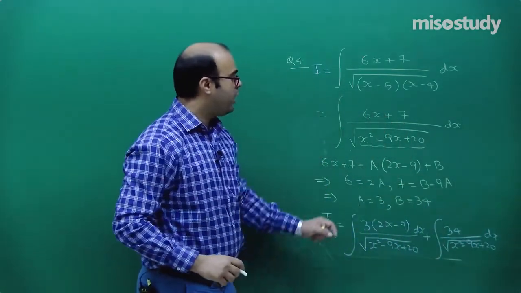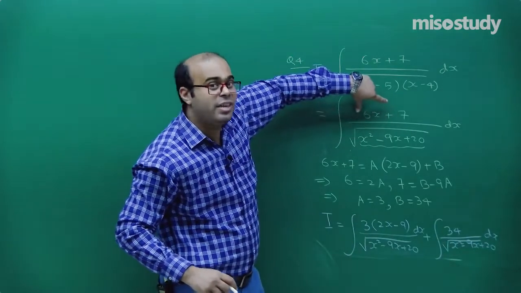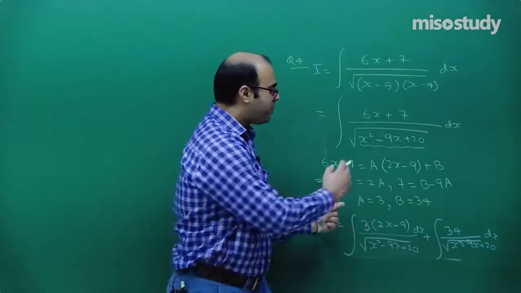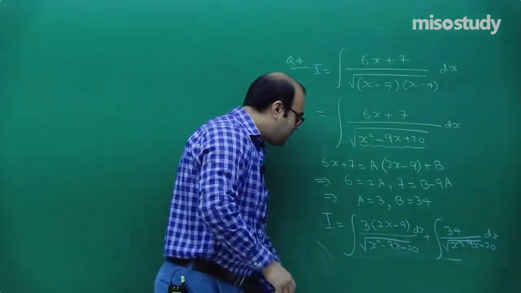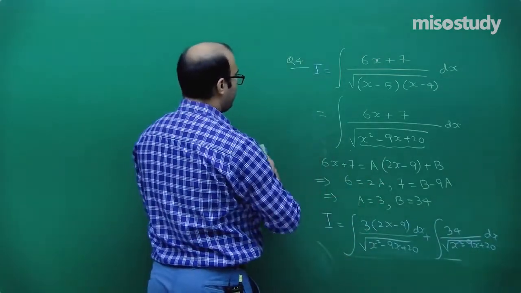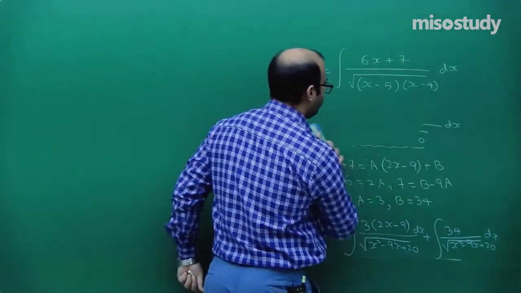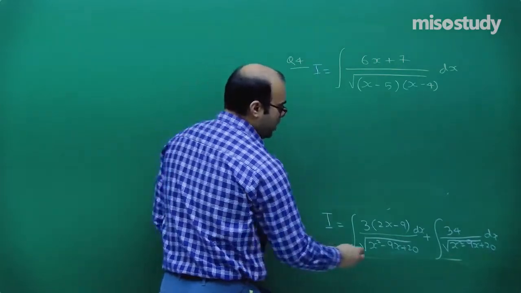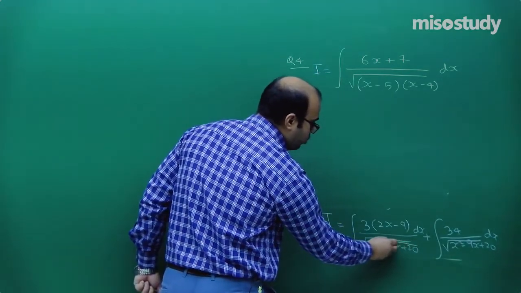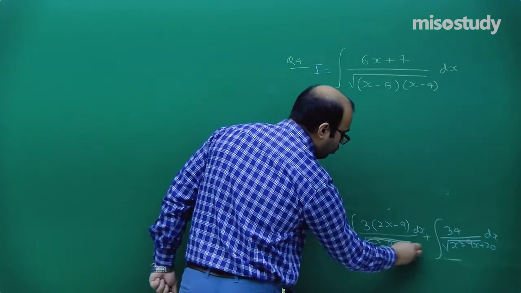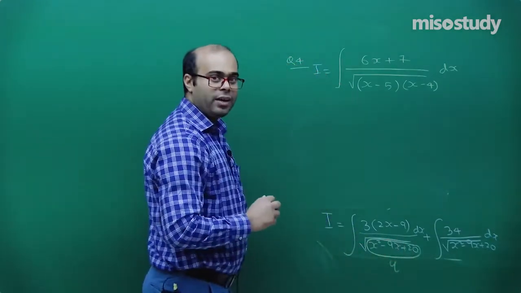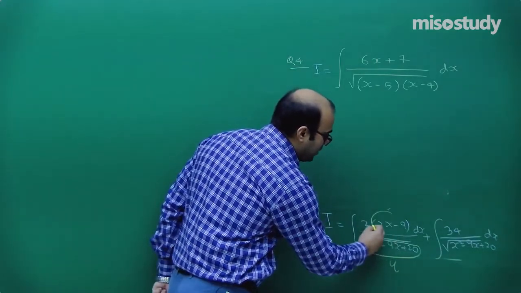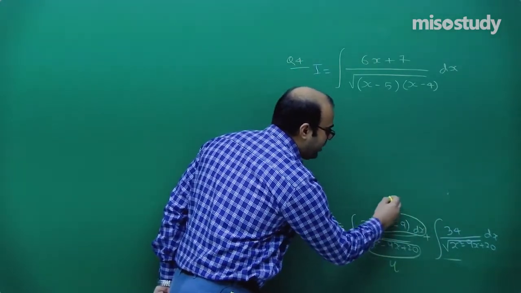So, what I mean to say is that 6x plus 7 is actually written as 3 into (2x minus 9) plus 34, and we have separated both the terms. Why have we separated both the terms? You will just get to know this. So, if we separate these two terms, and if you suppose that this term under the root is u, then we know that we have taken the terms in such a manner that this 2x minus 9 dx is actually du.